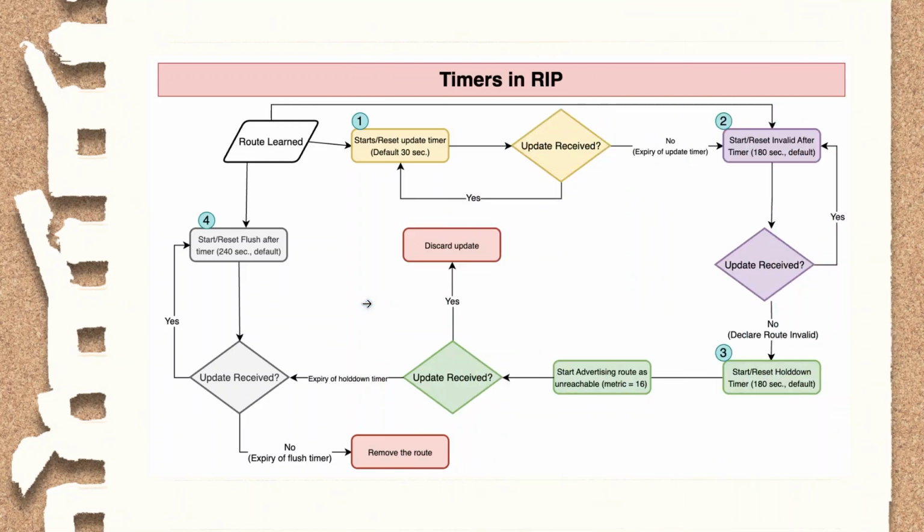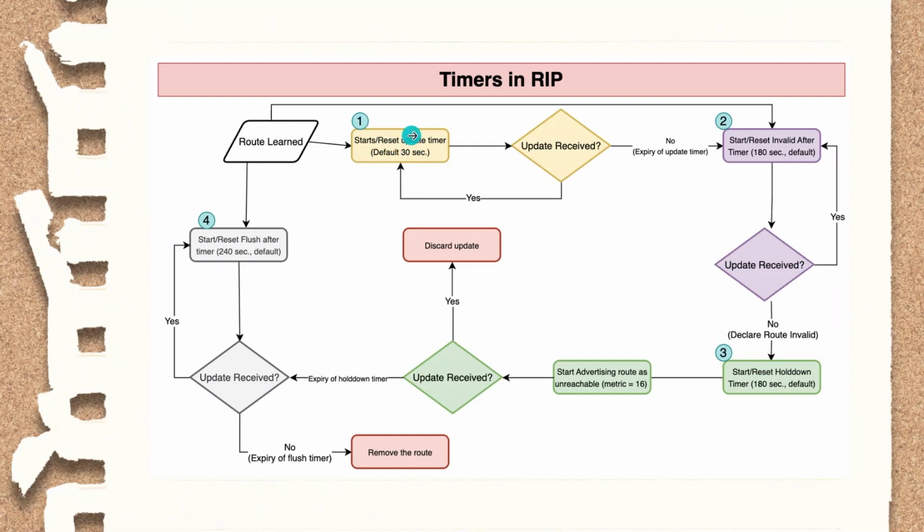After that we have something called timers in RIP. Here is the diagram for per route entries; each and every route entry will go through these phases. Let's say a device has learned some route, so there will be a timer. The timer is called the update timer, and the default time interval is 30 seconds.